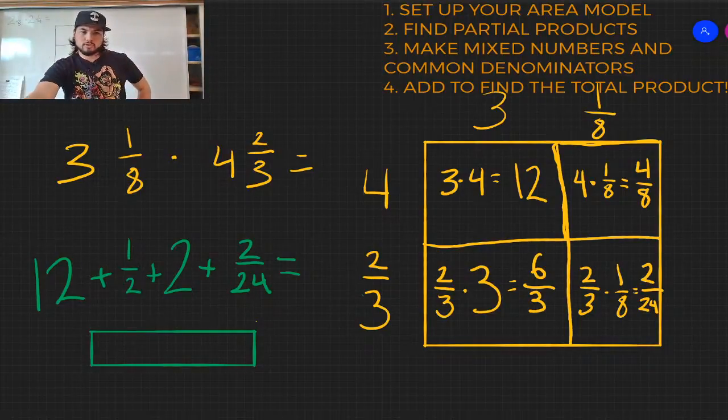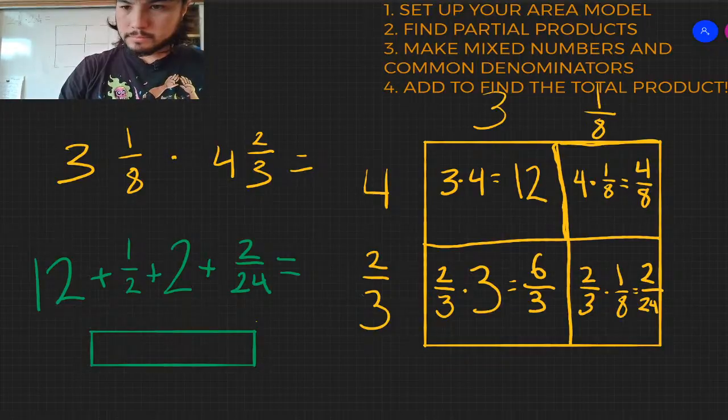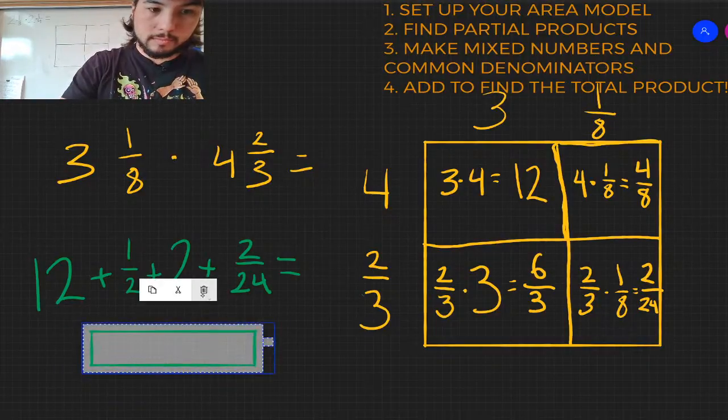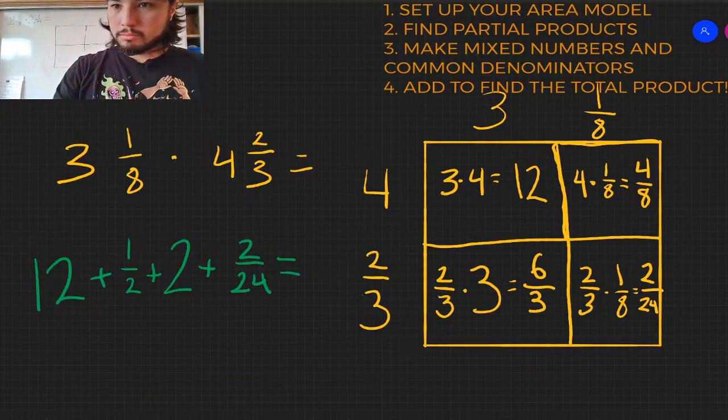And then what about my 2/24ths? Now I know both of those numbers are even. So if I divide them both by 2, or I divide by 2/2, our equivalent of 1, I can make that even smaller.